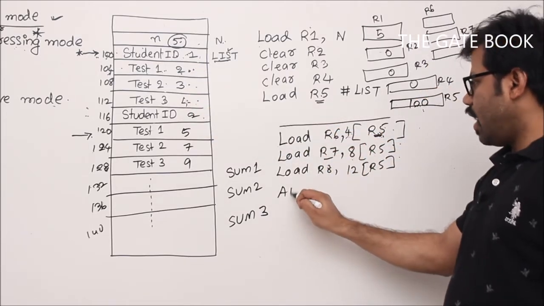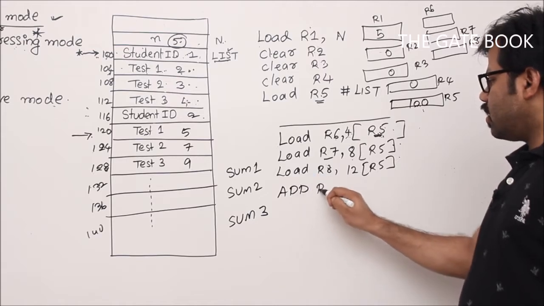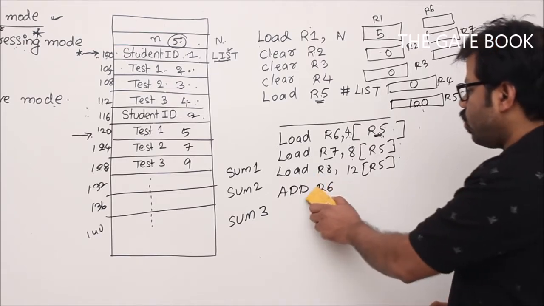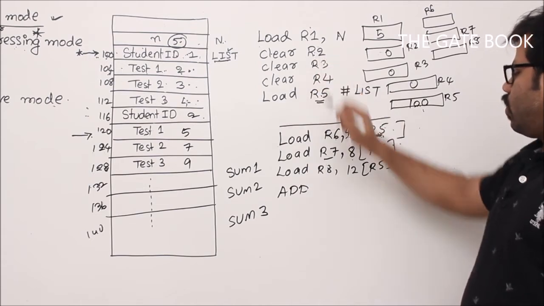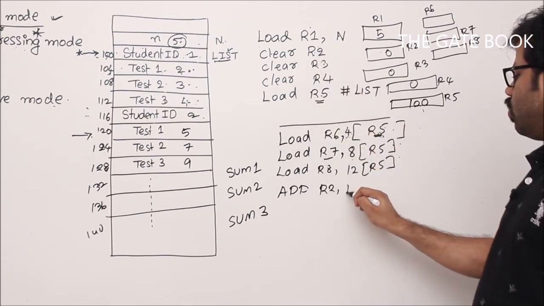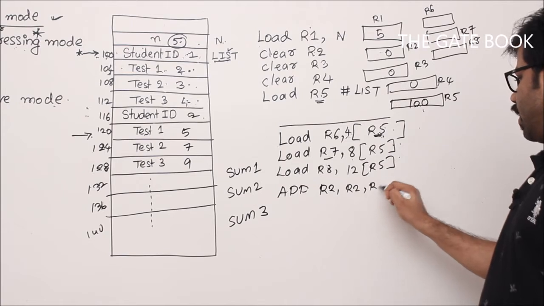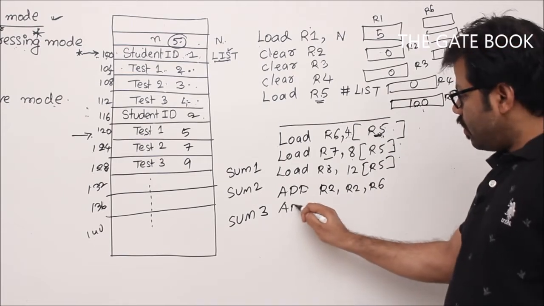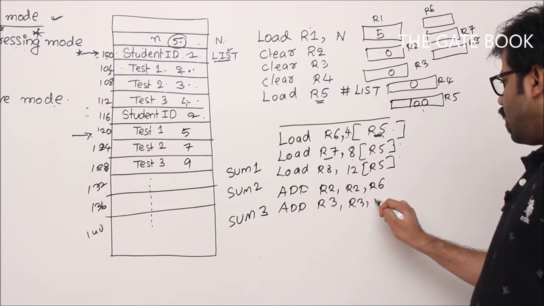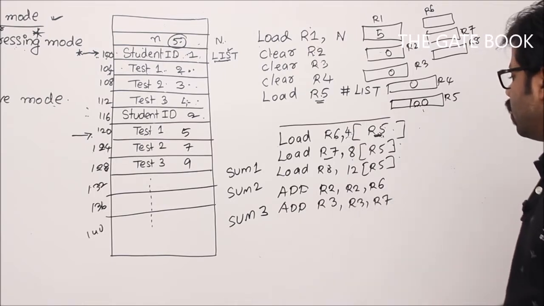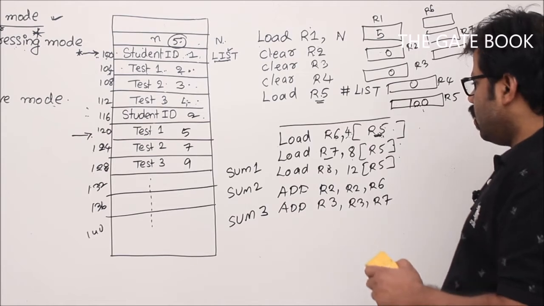Then I use adding. Add R2 equal to R2 plus R6. We have R2 initially. Next, try to understand. Then add R3 equal to R3 plus R7, right? Small mistake here.